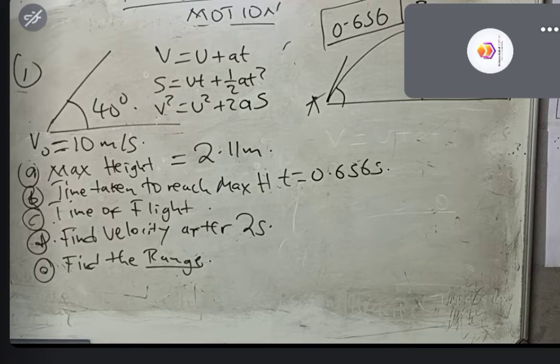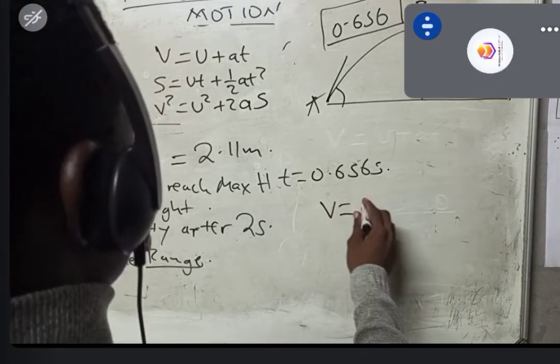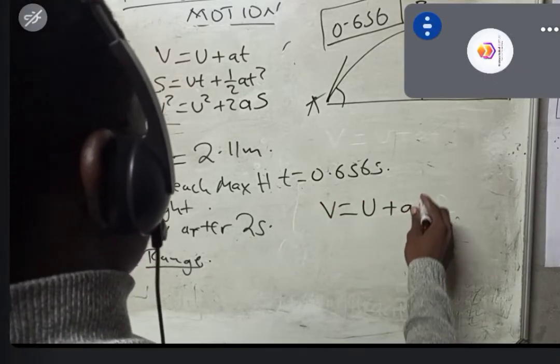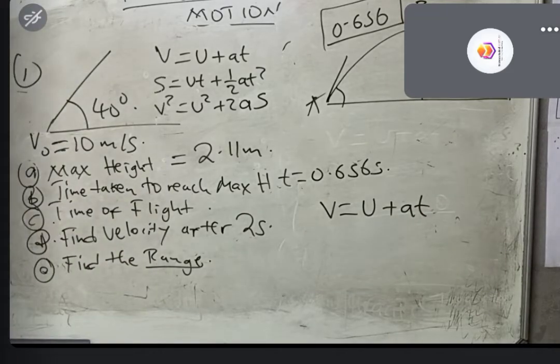The first formula, right? So we have v equals u plus at. The final we don't know, right? It only becomes zero at its maximum height.